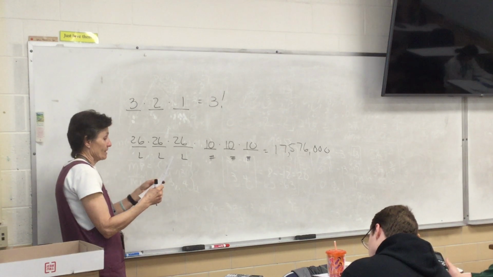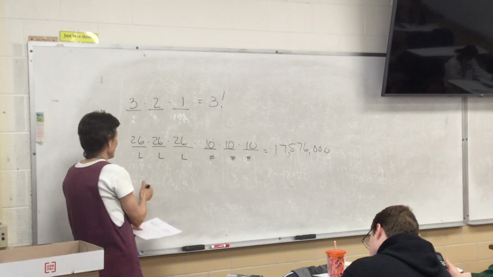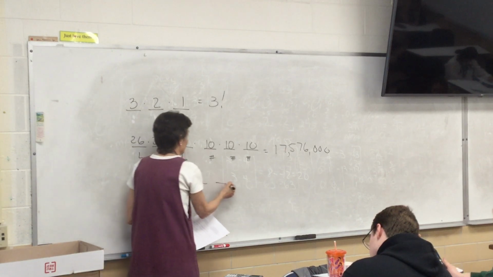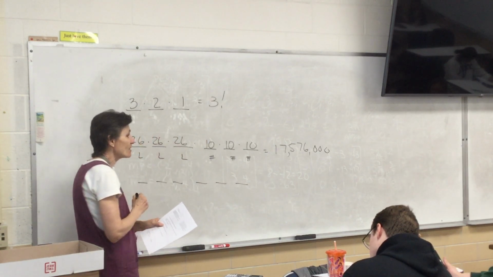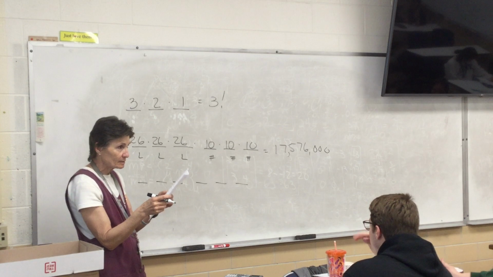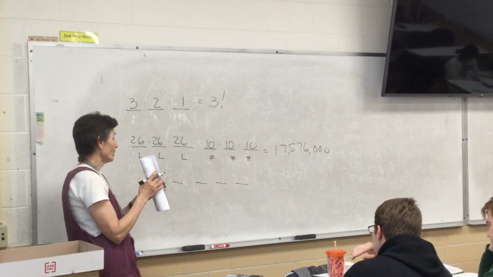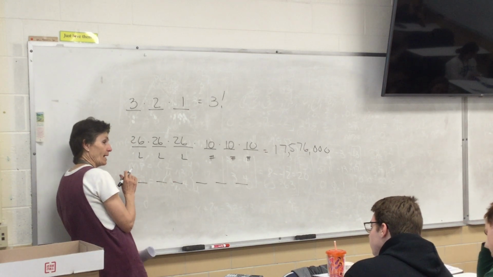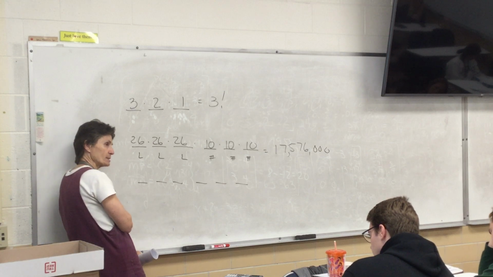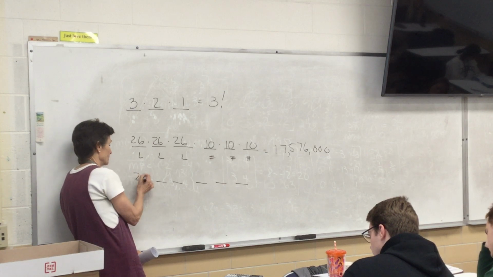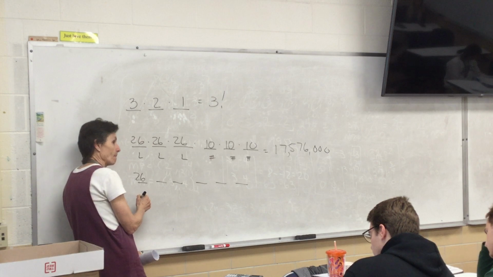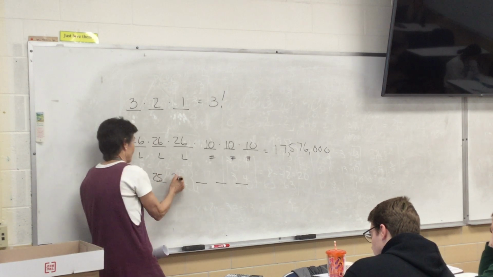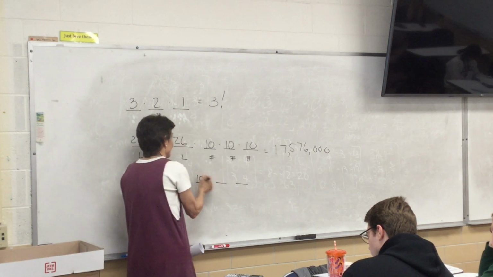Okay? Now, same license plate, but nothing can repeat. So what will that change if you're not allowed to repeat? Bronson? So it's going to start with 26, and then whatever you chose is going to be eliminated. It's going to be 25, 24, and then it's going to be 10, 9, and 8.